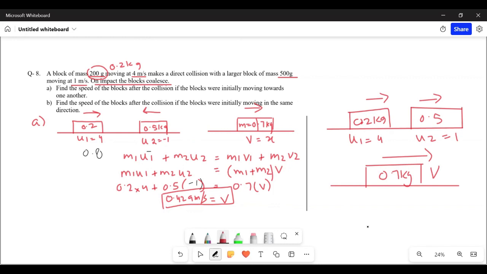Okay. So apply the equation of conservation of momentum here as well. 0.2 into 4 plus 0.5 into 1 equals 0.7 v. Solve this and you get 1.86.